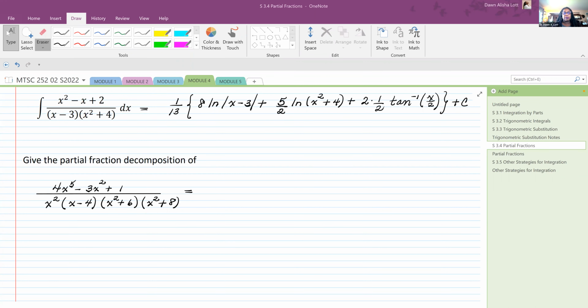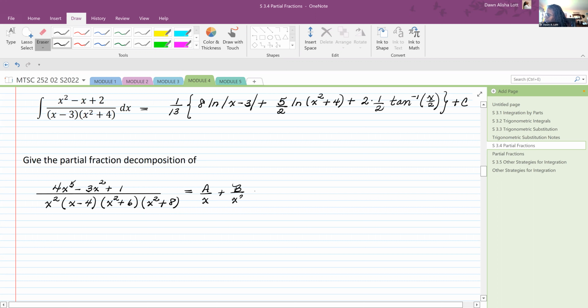Okay. So this is going to be A over X plus B over X squared because it's a multiple root, plus C over X minus 4, it's a single linear factor, plus DX plus E over X squared plus 6, and then FX plus G over X squared plus 8.